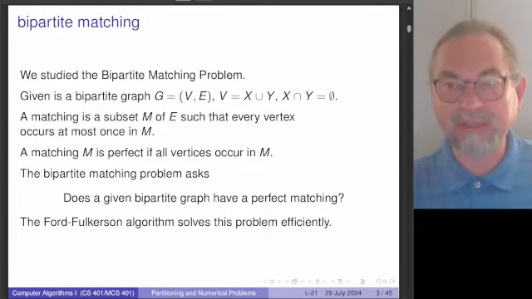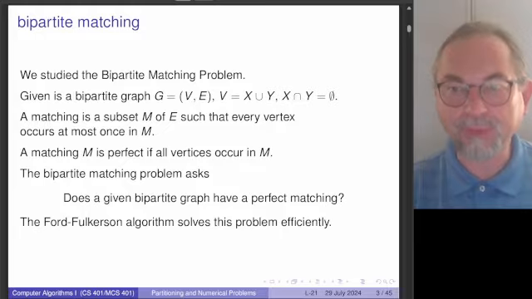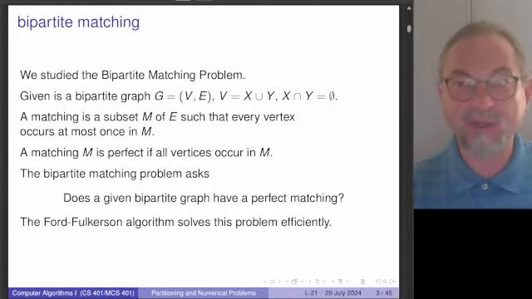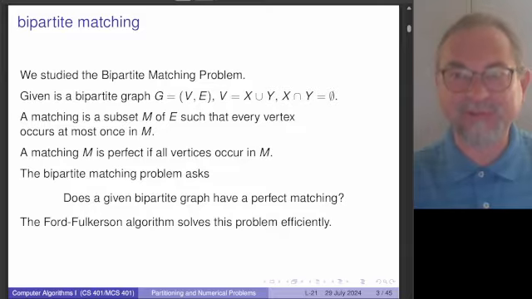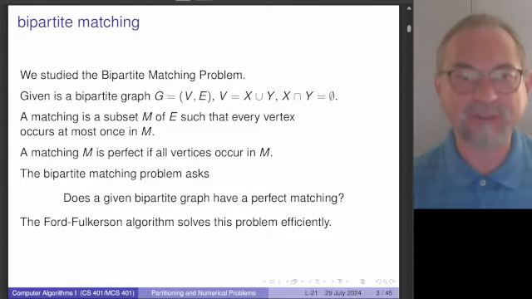So there are only connections between elements of the first set and the second set. One can think of employers and applicants, the situation where we started in this course.